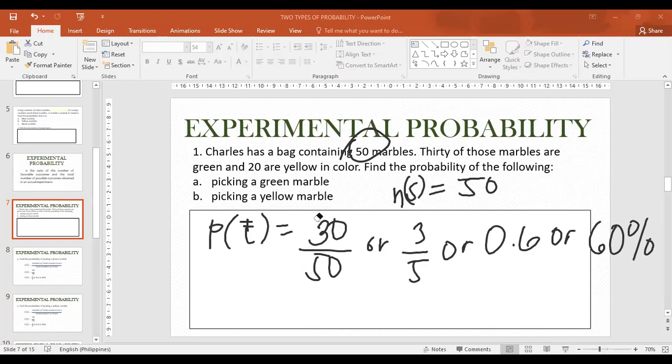How about picking a yellow marble? Ayan. So, we have 20 marbles. So, 20 over 50.